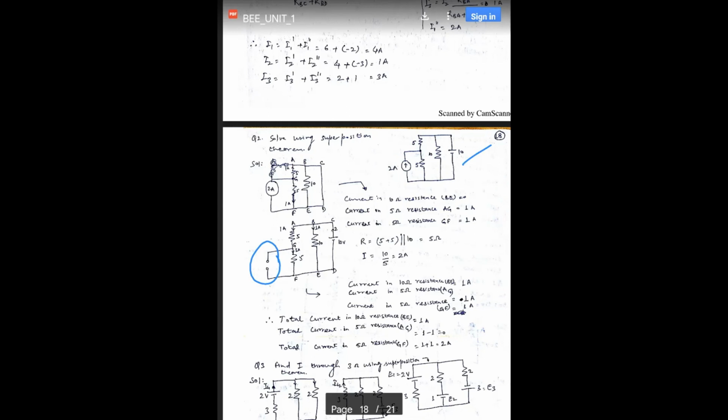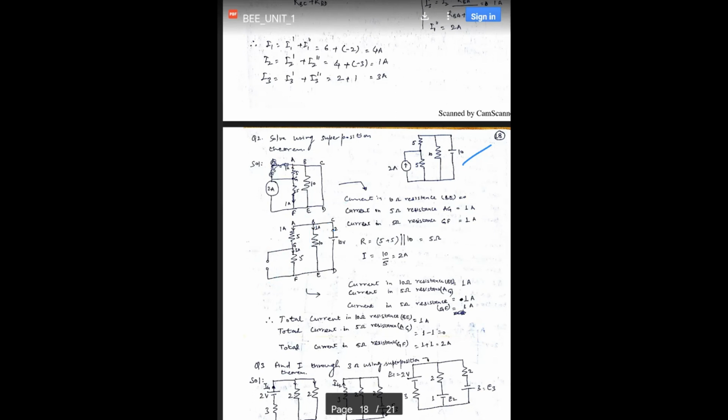So first of all, we will calculate the effective resistance of the circuit. So now this 5 ohm and 5 ohm, this 10 ohms, it becomes 10 ohms. This is also 10 ohm, but these two are in parallel. Okay. When the current will flow in this direction, it will be distributed at the node B. Okay.